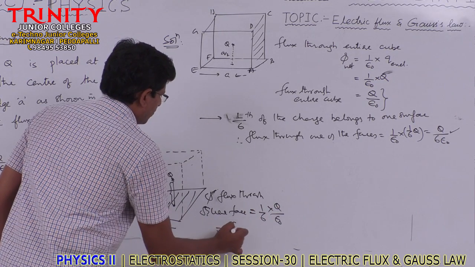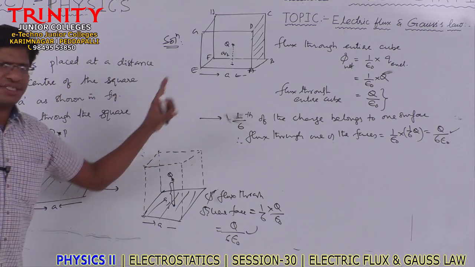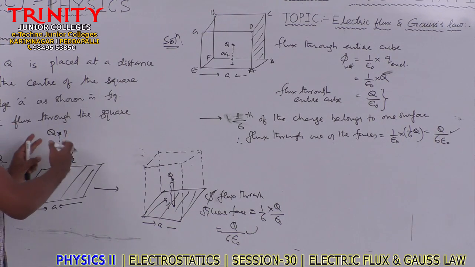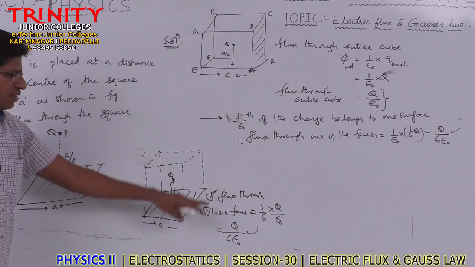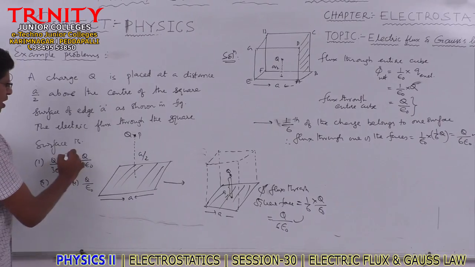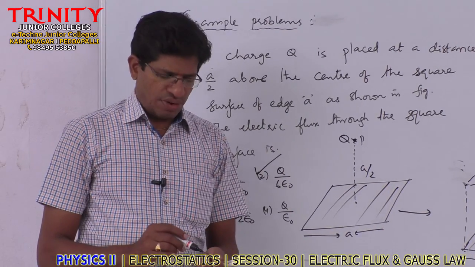Therefore, answer will be Q by 6 epsilon naught. Actually, the problem is based on this. If you already know that, you can extrapolate this. You can imagine something of that sort, then you will answer quickly within no time. I hope you understood this. So, the option is second, and let us move into the next question now.